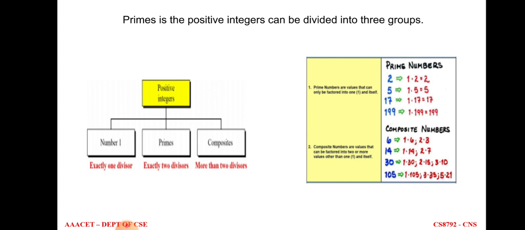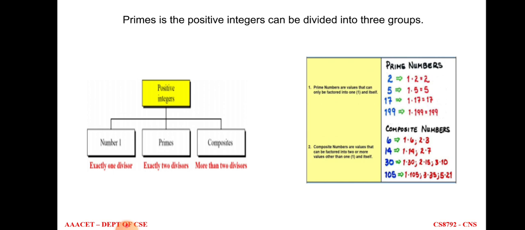Let us take the example 6. We can factorize 6 as 1 into 2 into 3. So 6 has 3 factors, which means it has more than 2 divisors, so this number is called a composite number. Similarly, taking the number 14, it can be written as 1 into 2 into 7, so it has more than 2 divisors.